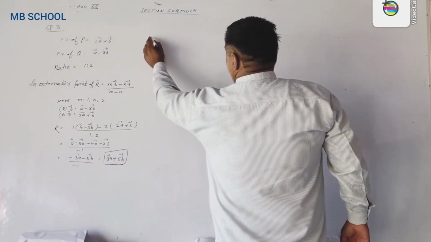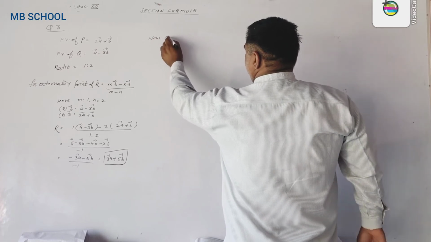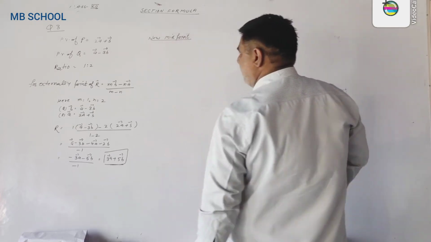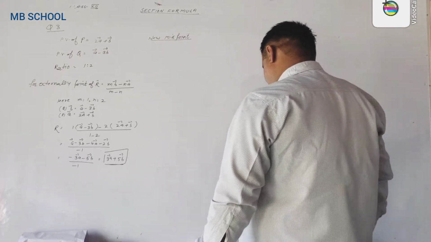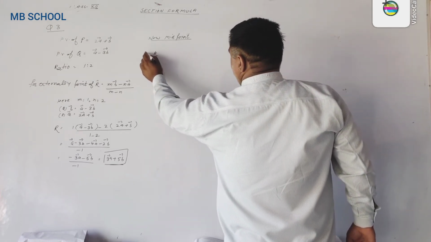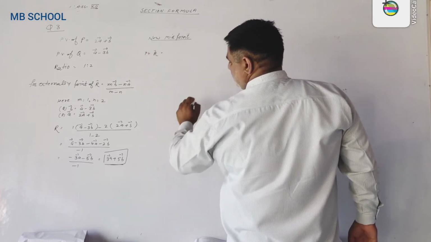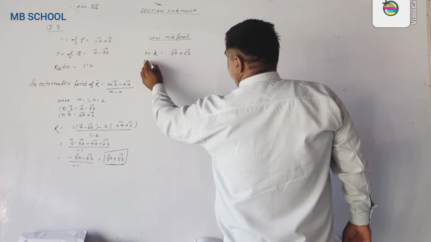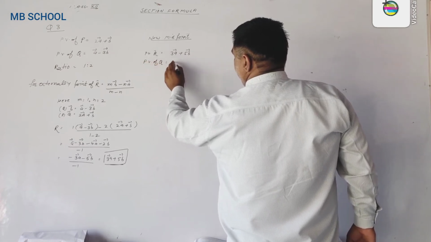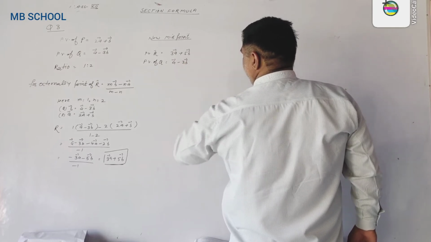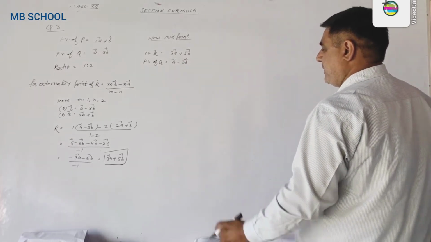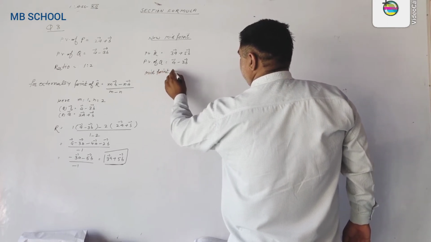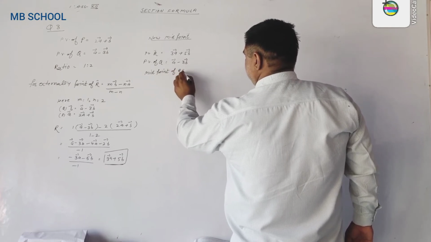Now for the midpoint, we have discussed the midpoint: P is the midpoint of RQ. The position vector of R given is 3a plus 5b, and the position vector of Q is given as a minus 3b. Now we have to find the midpoint of QR.